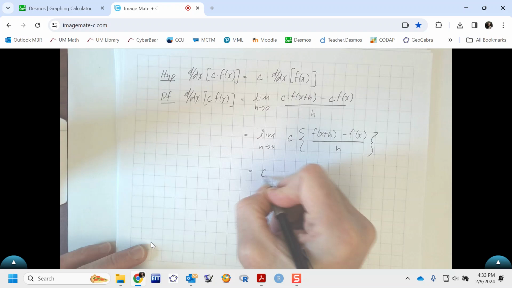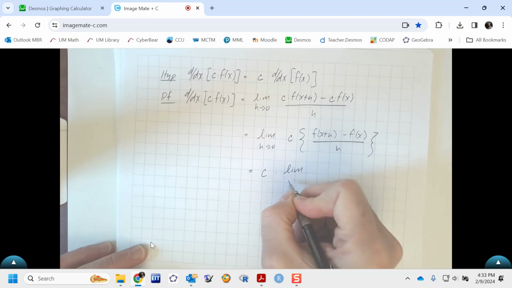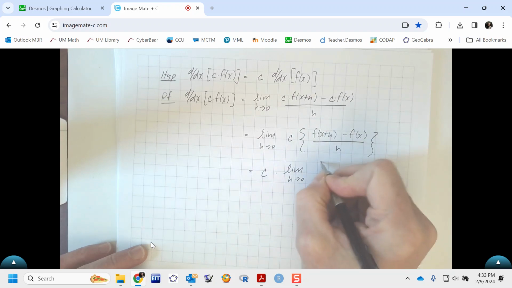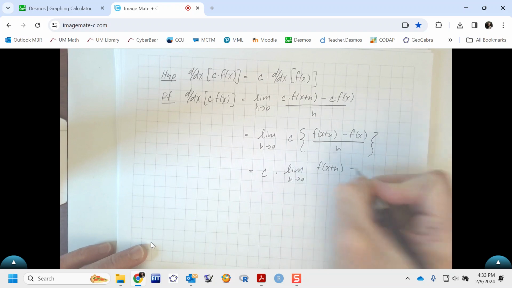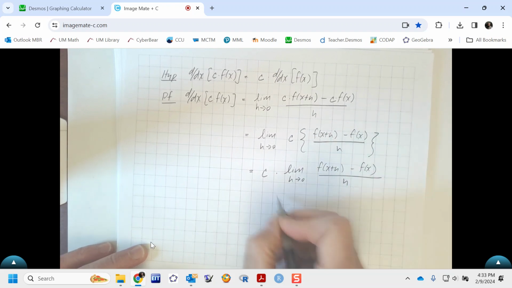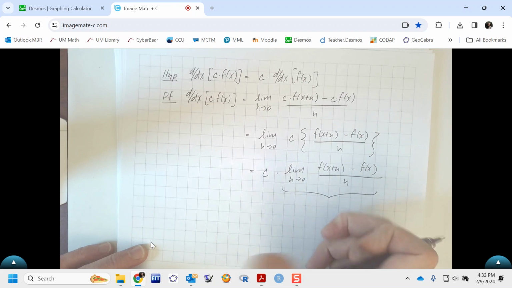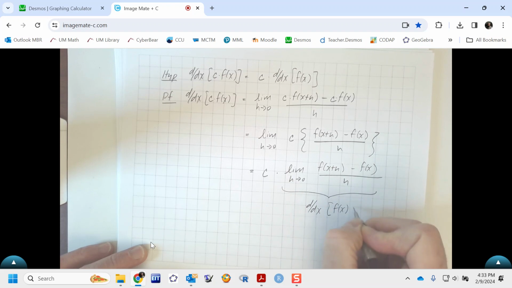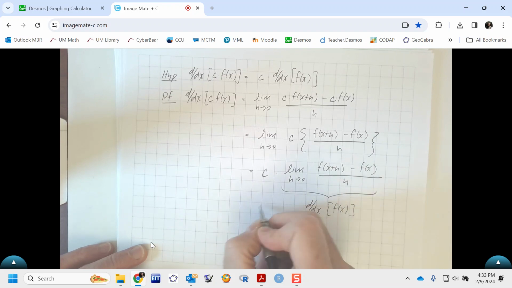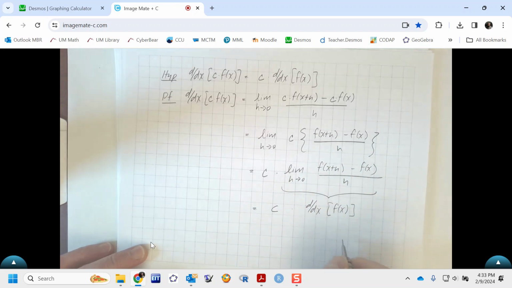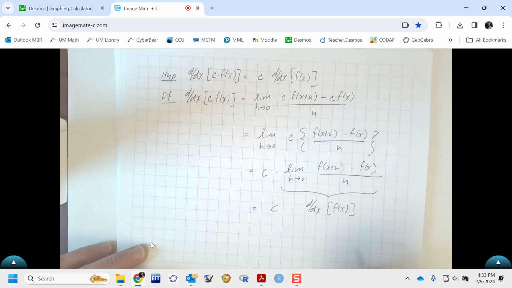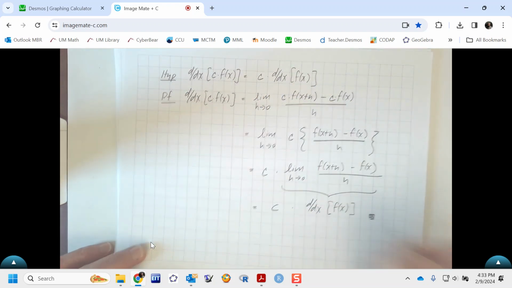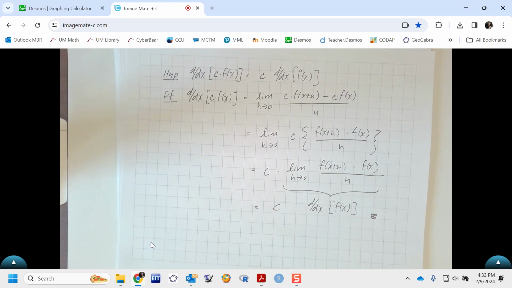So that means that this is c times the limit as h goes to 0 of f of x plus h minus f of x all over h. And I notice that this thing is just the derivative of f of x. So we have c times the derivative of f of x, which is what we sought to prove. So we've definitely proven that beyond a shadow of a doubt.